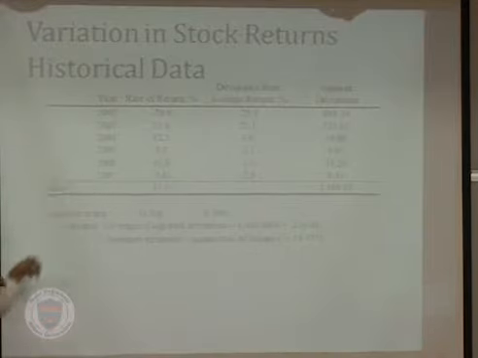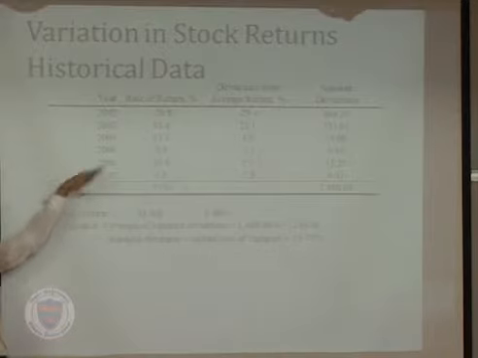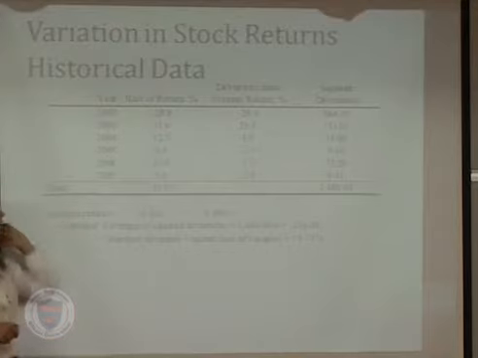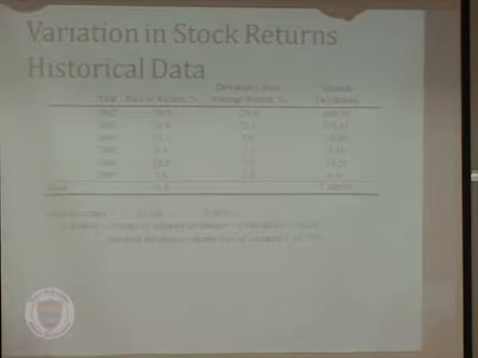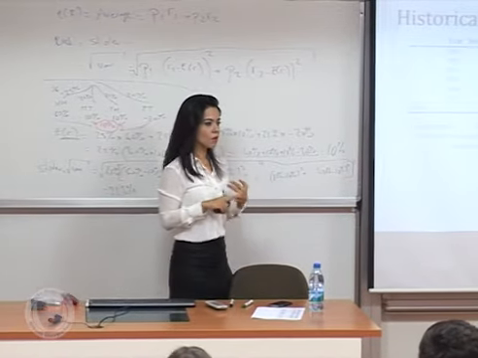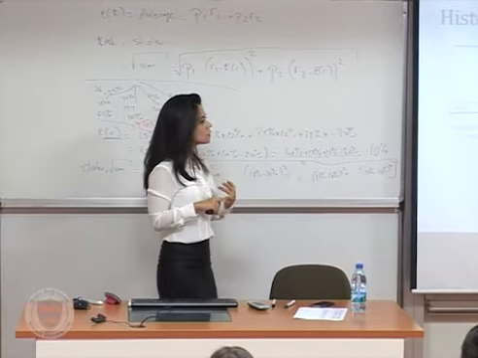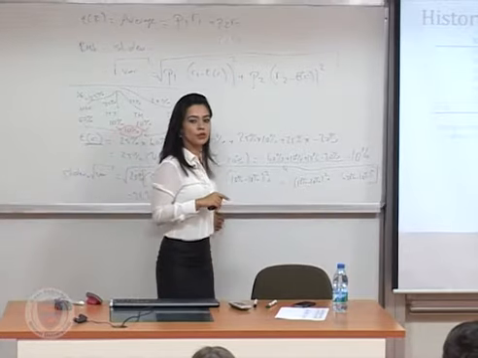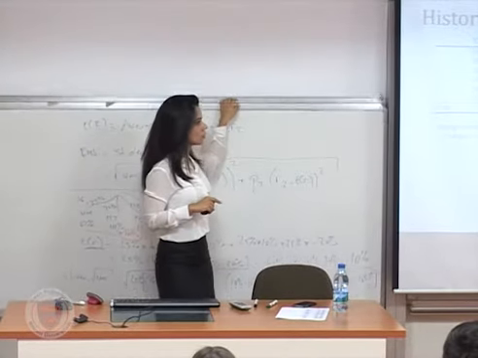Rates of return are different for each year. How many years do we have? 6. For 6 years, we have 6 years of return. Based on this information, I'm asked to calculate the expected return based on historical data, and the risk for this stock. So how do I calculate the expected return?